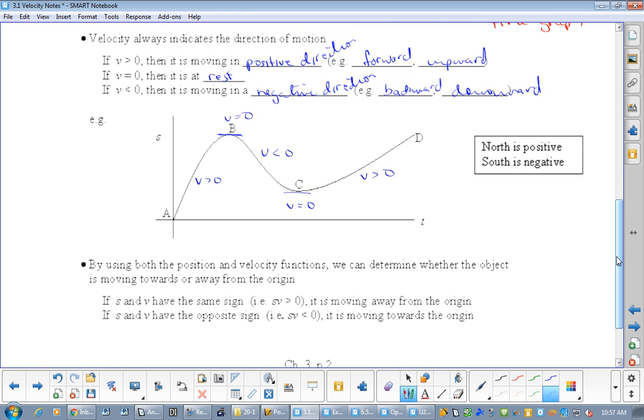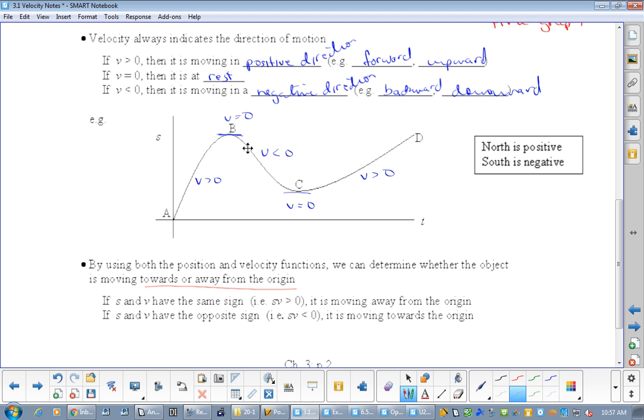Okay, now this next thing, by using both the position and the velocity, we can determine whether the object is moving towards or away from the origin. Now, in all of this graph, what can you tell me about S? This entire graph. What was displacement? It was positive, correct? So with positive displacement and positive velocity, we know we're getting farther away from the origin.